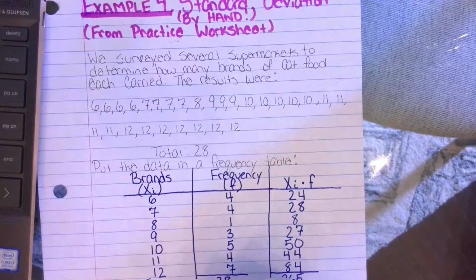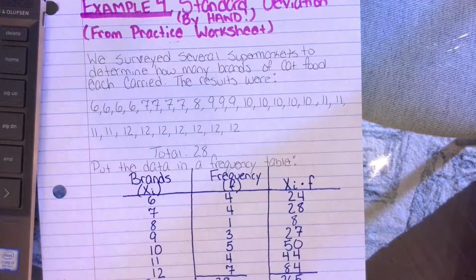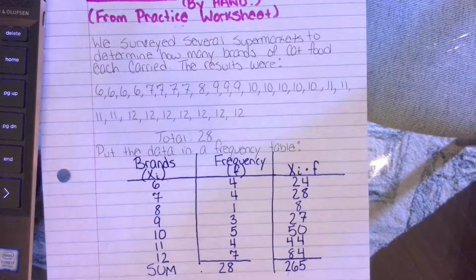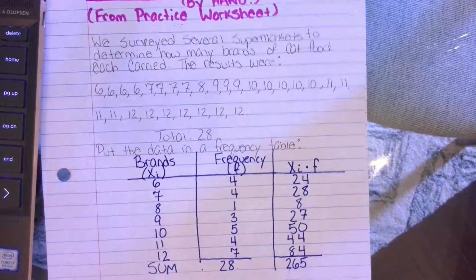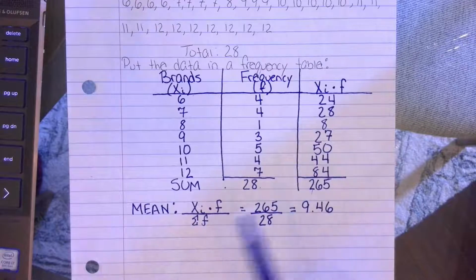So I'm going to have 265 divided by 28, which is going to give me 9.46. Okay? So then I'm going to want to start to find my standard deviation. Okay? So here's the mean.